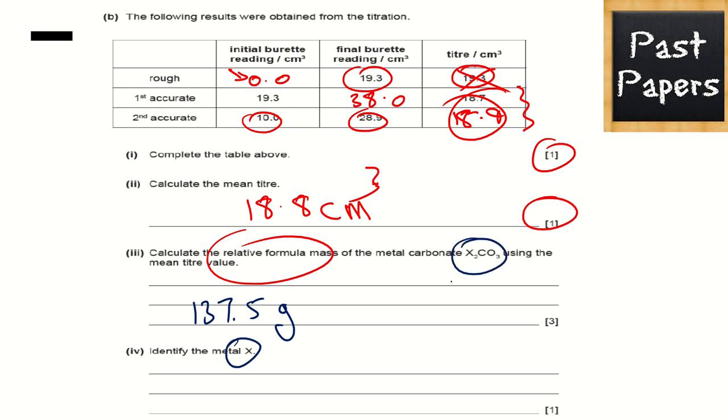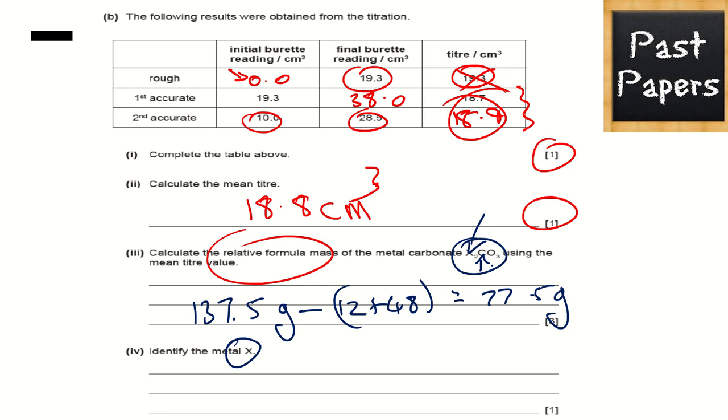So this is X2CO3. So I subtract from this 12, which is the carbon here, plus the 3 oxygens, which are 48, so minus 12 minus 48, that gives me 77.5. Now, remember, that is X2.